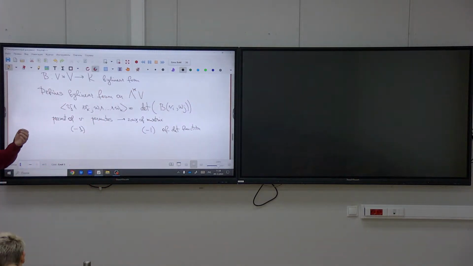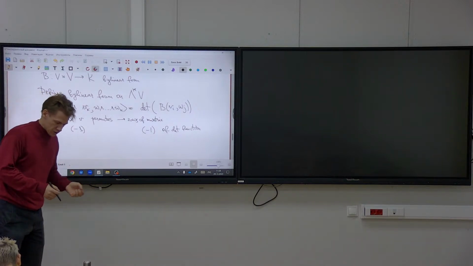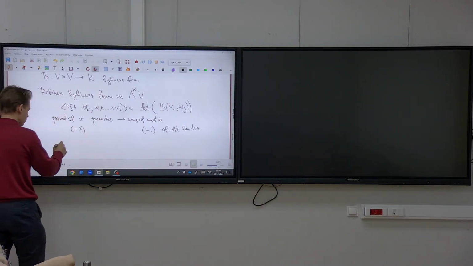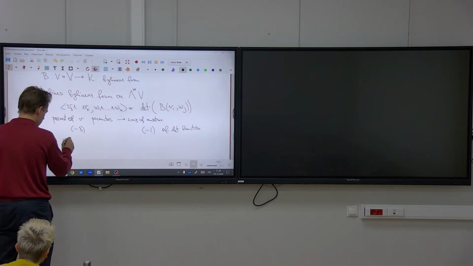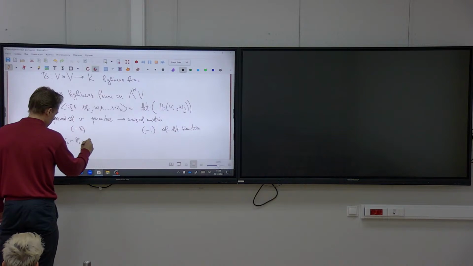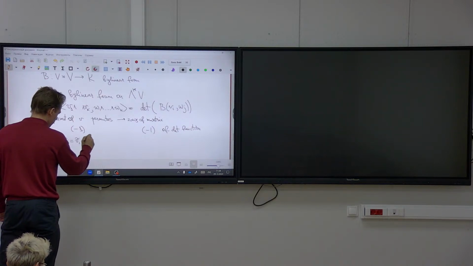And also, if you are defining it on monomials, you have to check that if you can express the monomial as a sum of two monomials, then you will have the same answer. So you can express vi as vi tilde plus vi double tilde.